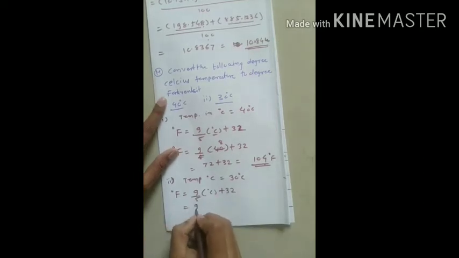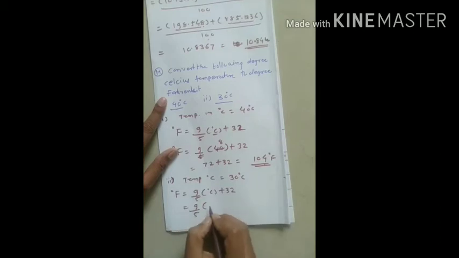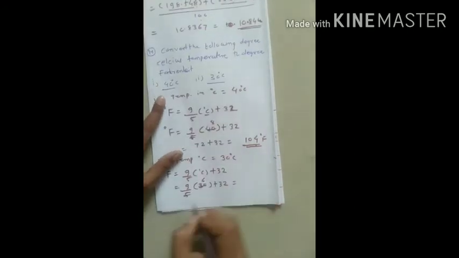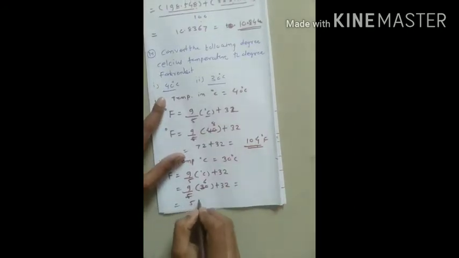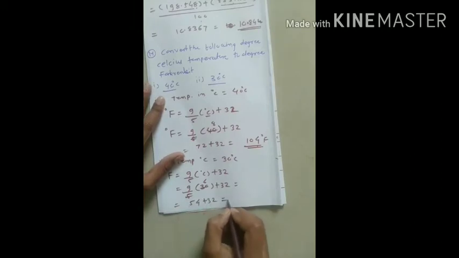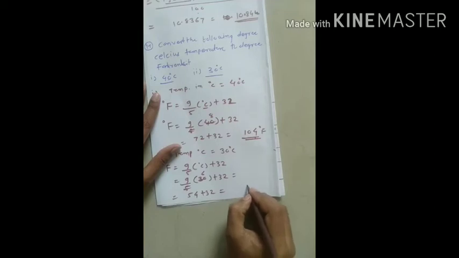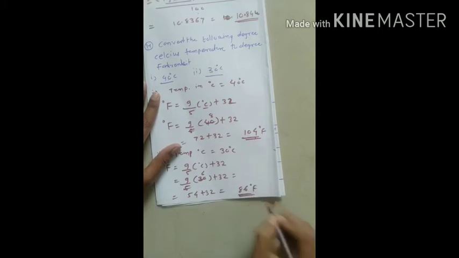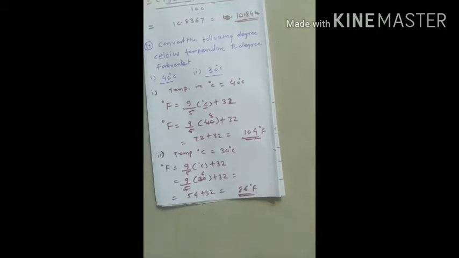Putting the value, 30 degree centigrade plus 32, 5 6s are 30, so it becomes 9 6s are 54, plus 32. Adding this, 4 plus 2 is 6, and 5 plus 3 is 8, so it is found to be 86 degree Fahrenheit. So this is a very easy question.